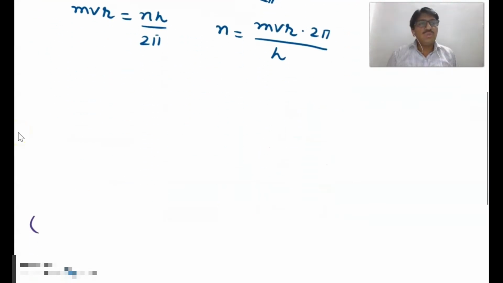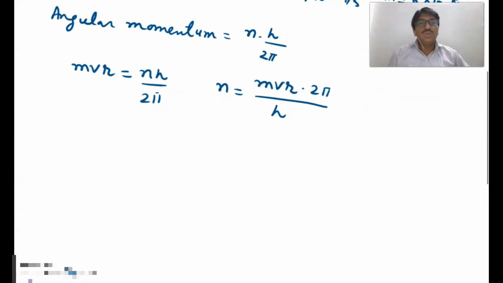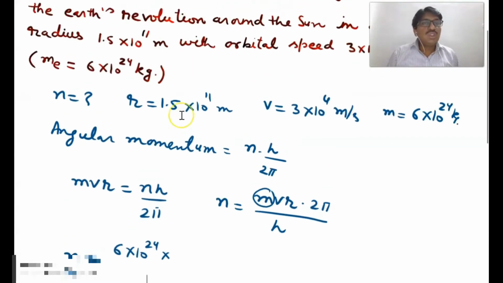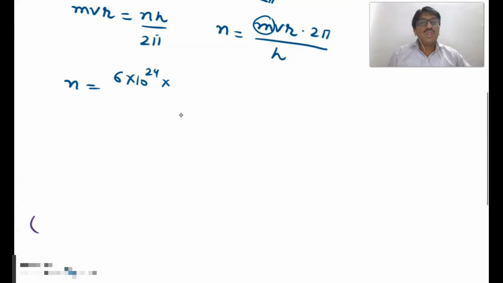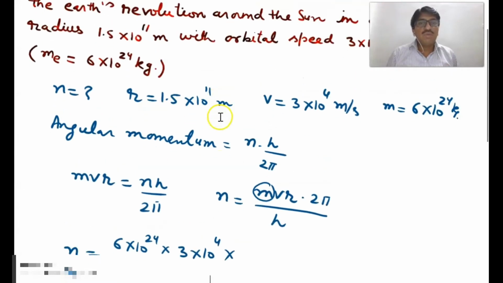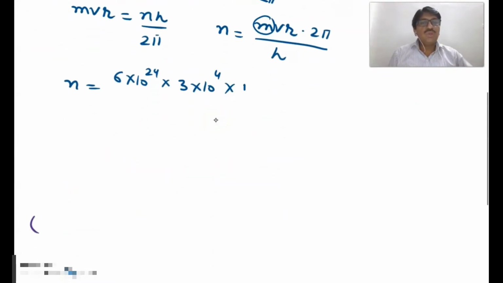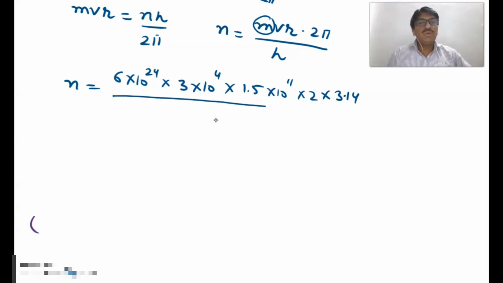Now we put the values. n should be equal to 6 × 10^24, the mass of Earth, times velocity 3 × 10^4, and radius 1.5 × 10^11, times 2π, that is 3.14, upon the Planck constant 6.6 × 10^-34.